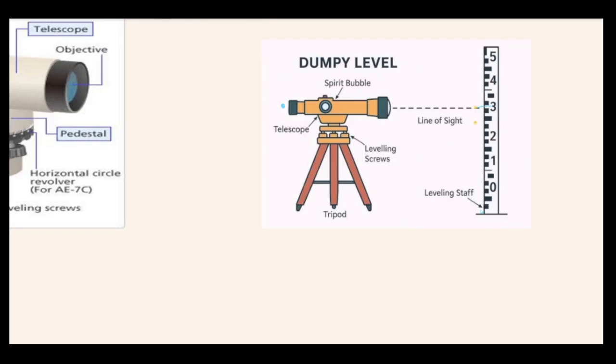Now we also have other instruments such as the change plate. I'm not pretty sure we have the change plate here. However, the change plate, you know that the site can be slopy, the ground itself can be slopy.